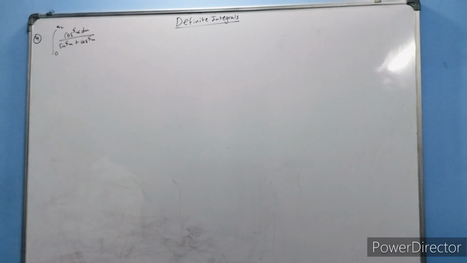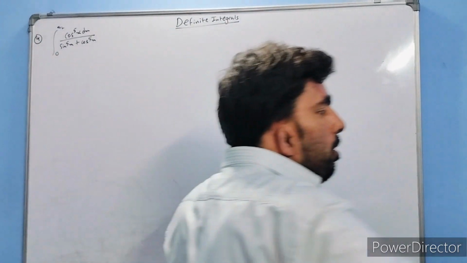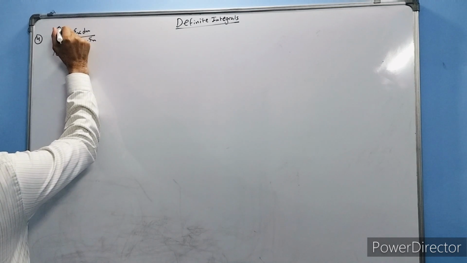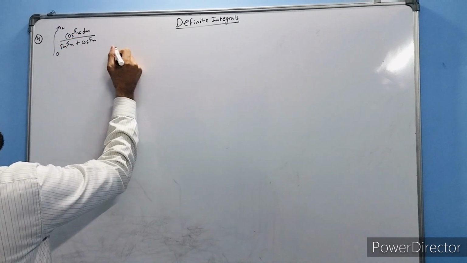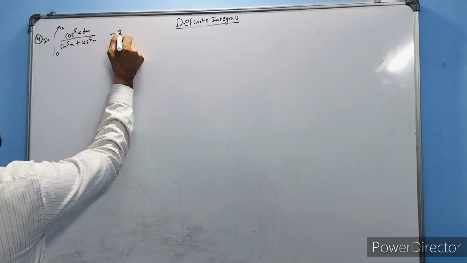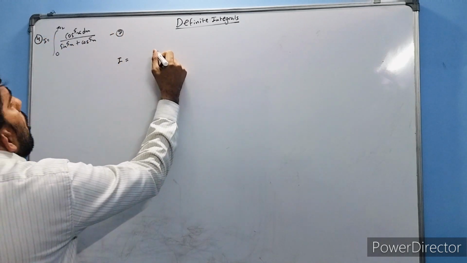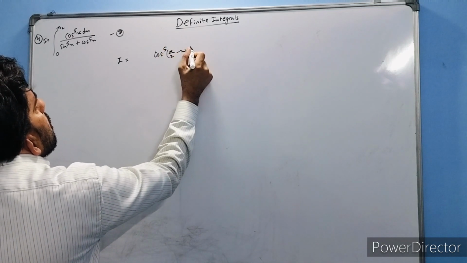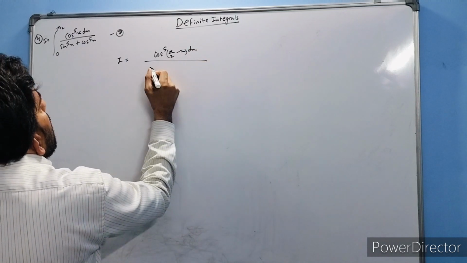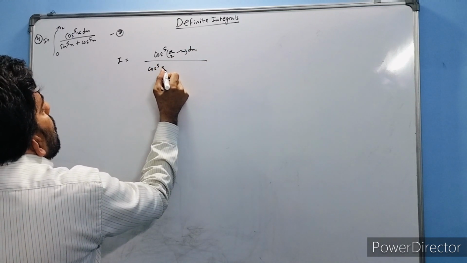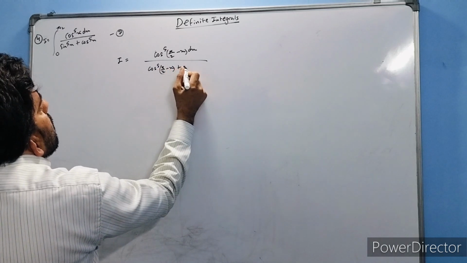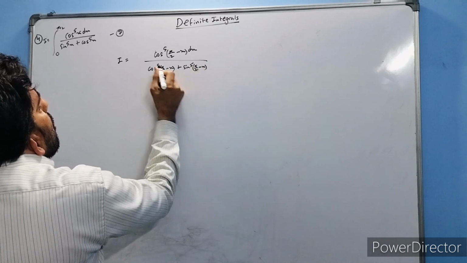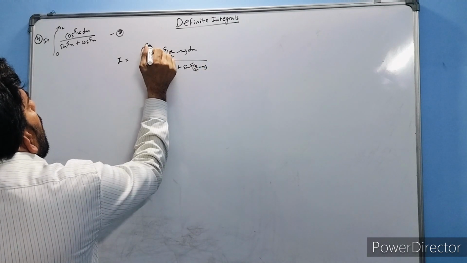Now we'll try to solve this. Let us see how we can solve this numerical by applying the property. This is first. Now I is equal to, using the property, cos 5(pi by 2 minus x) dx upon cos 5(pi by 2 minus x) plus sin 5(pi by 2 minus x), from 0 to pi by 2.